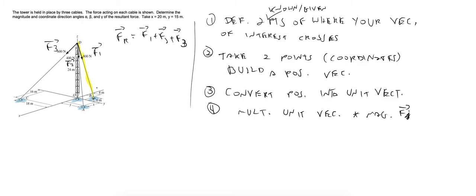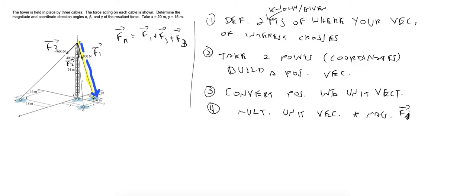So you take those points and you build a position vector. Essentially, it's literally going to take the whole length. It's going to connect B to D. If those are your points of interest, B to D will be connected.